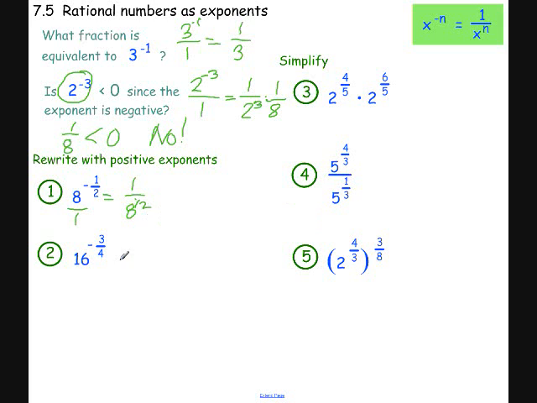You can do a lot better on a piece of paper than I can do on this. And this one would become 1 over 16 to the 3/4. That's so interesting. Can we work with that one a little bit? 16 to the 3/4.